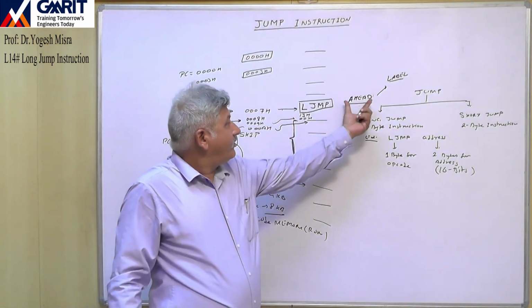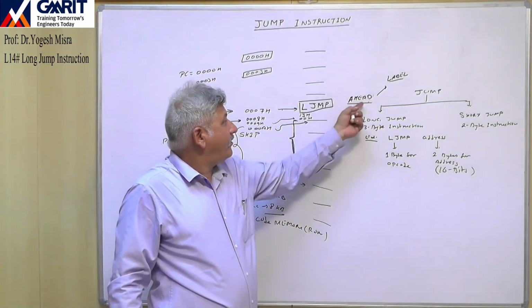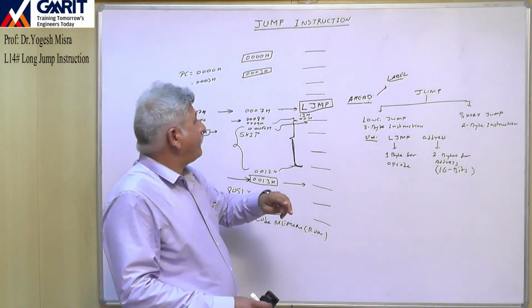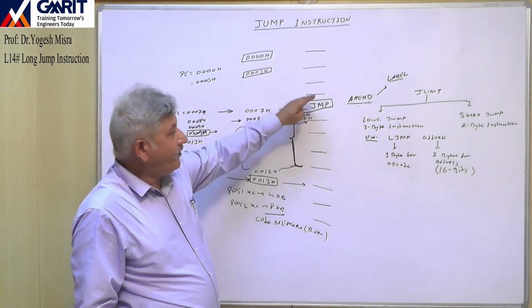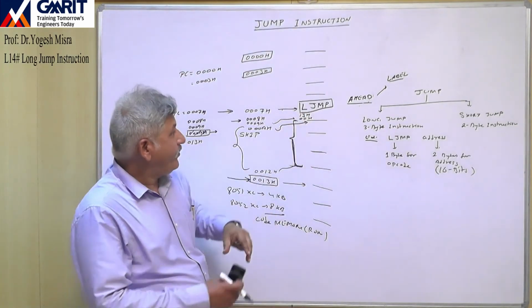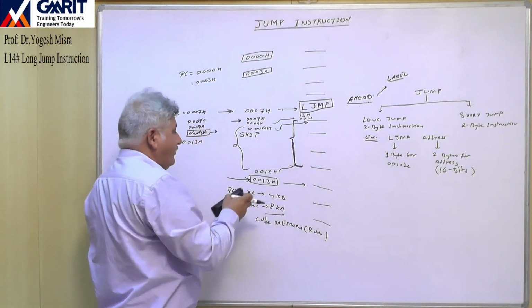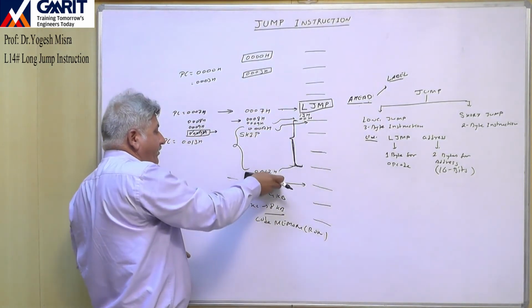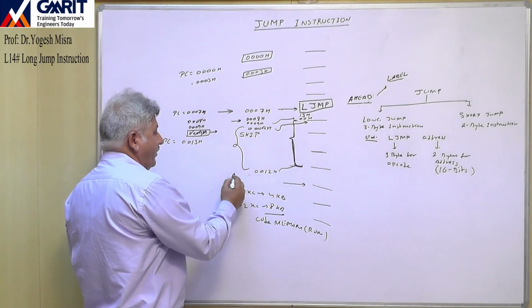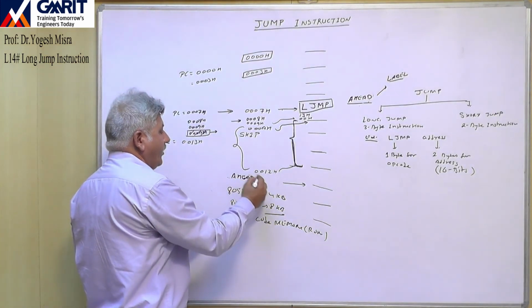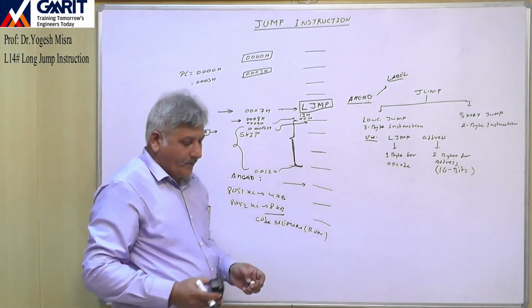But these identifiers should not be from the mnemonics, from our instructions. Right? So when we write a label here, the same label we have to write here, AHEAD and colon.